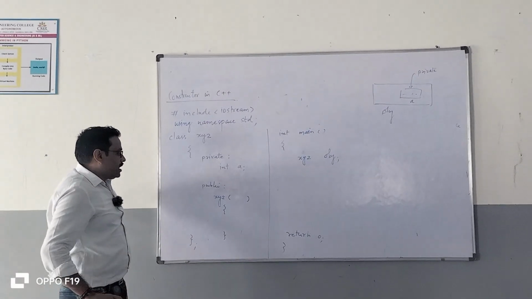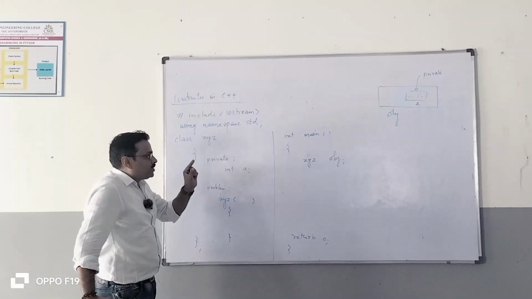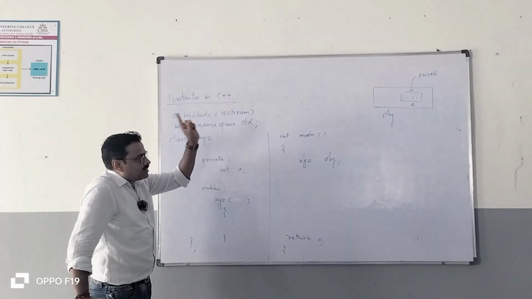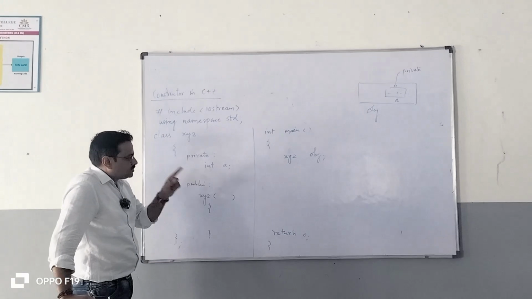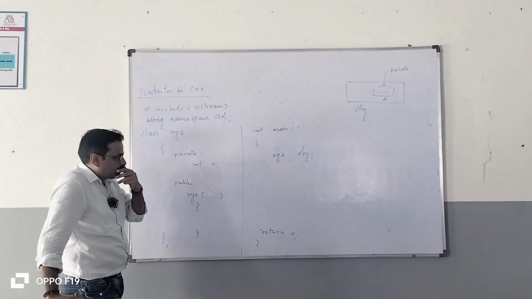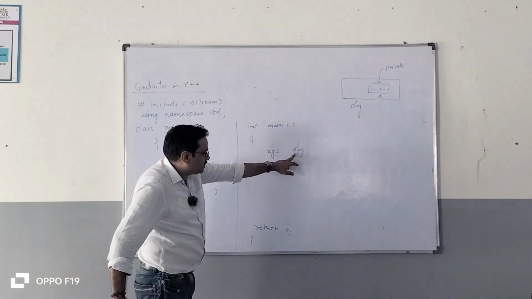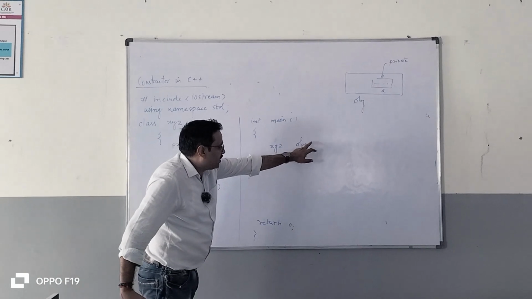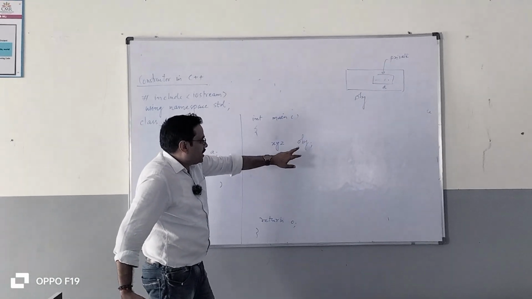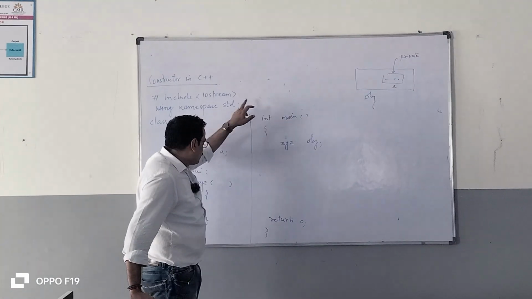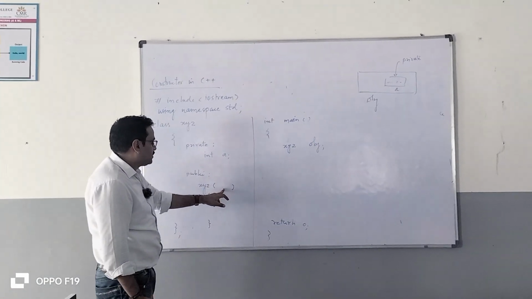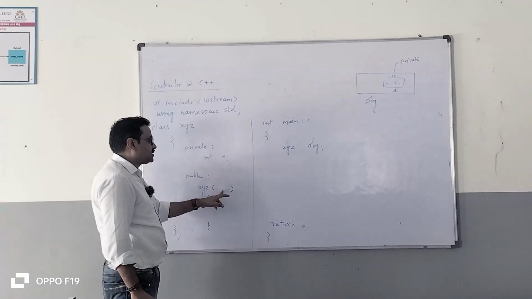Now, I want the value to be initialized inside the data member of the object during the creation. So during the creation of the object, when I will be writing the name of the object, here I will be passing the value. Since I will be passing the value during the creation, that value will be going to the constructor. In this constructor, there must be a parameter that will be receiving that value.